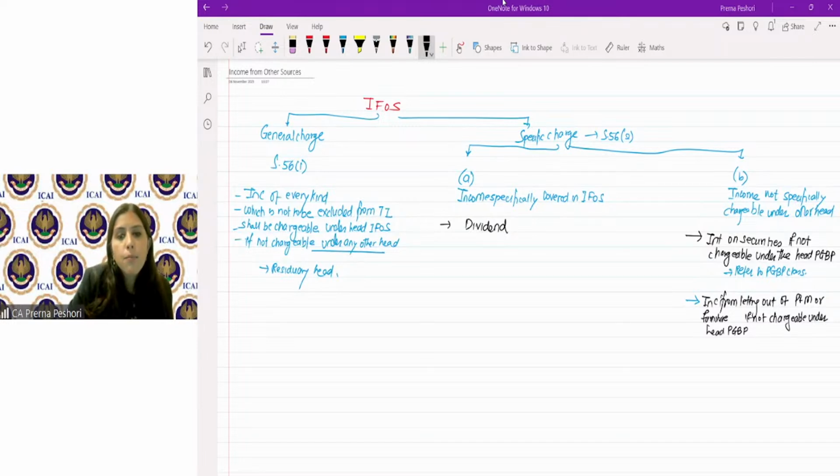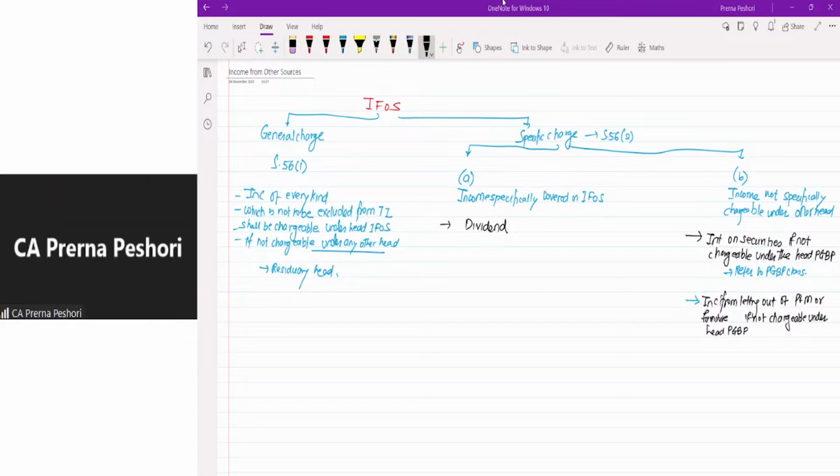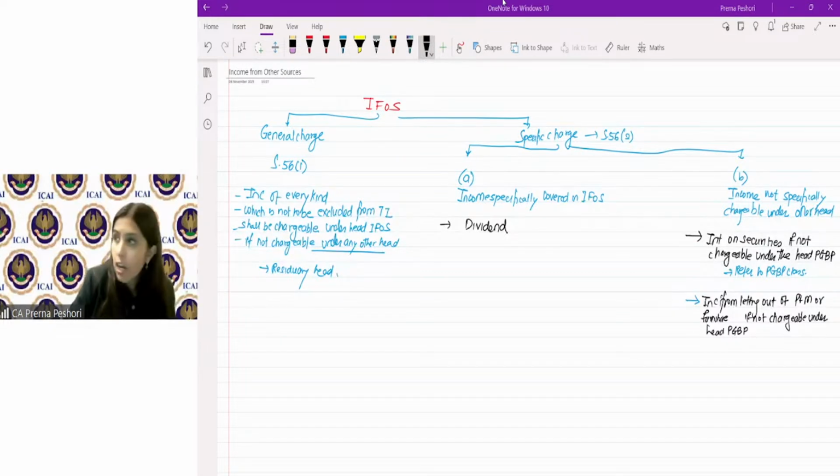If let's say my factory has gone into strike and to reduce the losses, I have let out my plant and machinery. Yes, Viraj, very good. It will be PGBP and not income from other sources. If the commercial assets are let out to reduce the business losses, that will be the PGBP and not income from other sources. Okay, so just write down.